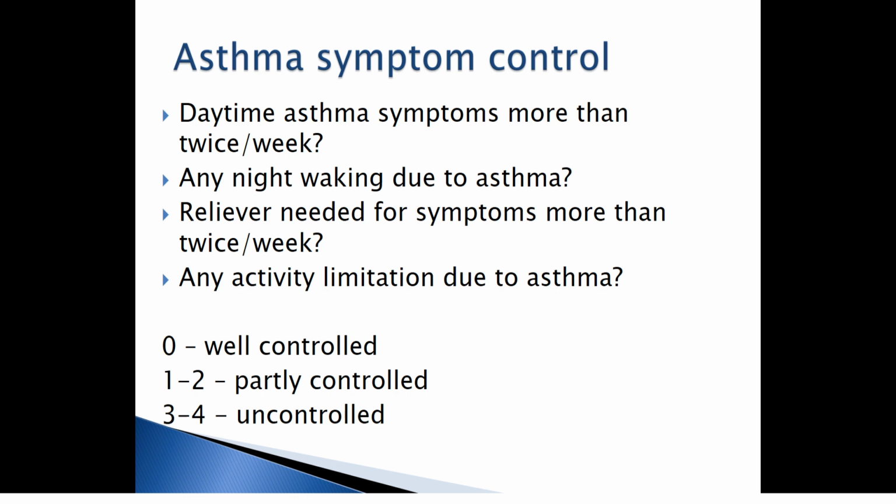3 or 4 points means uncontrolled: daytime symptoms more than twice a week, reliever needed more than twice a week, the patient awakened due to asthma, and he cannot do his job due to asthma. So in this case, you should add one more group or send the patient for additional investigation.